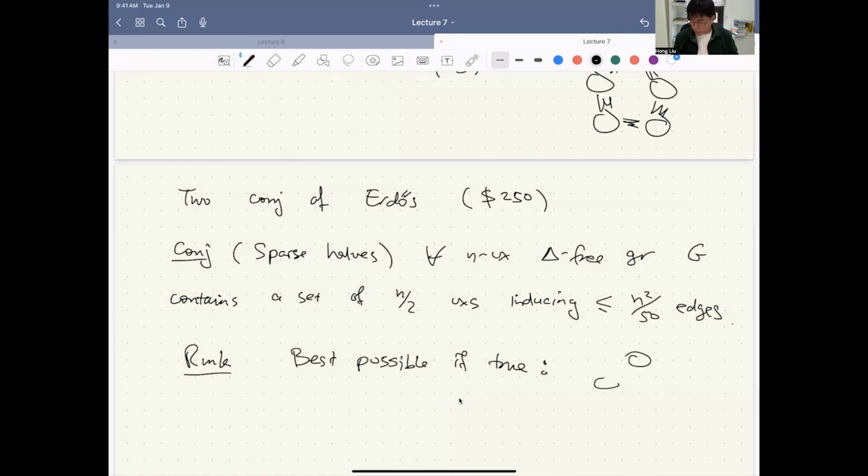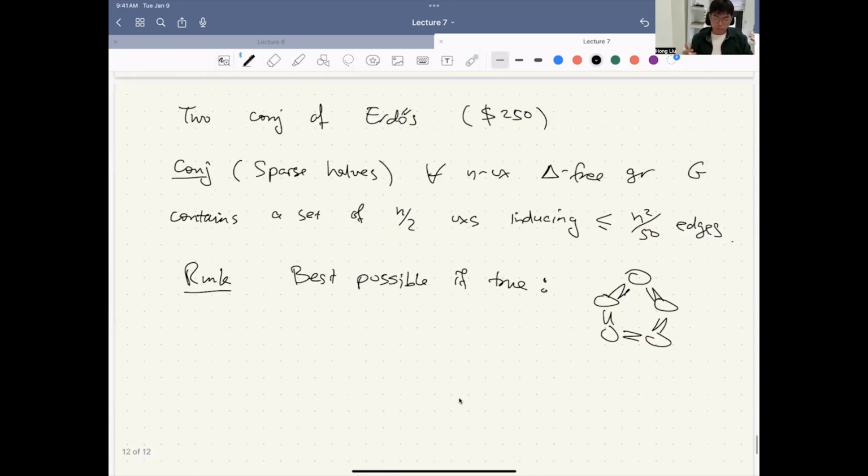Consider again the blowup of C5. In this graph, there's no set of n over 2 vertices inducing fewer than n squared over 50 edges. So n squared over 50 is the best number. You cannot put anything smaller.